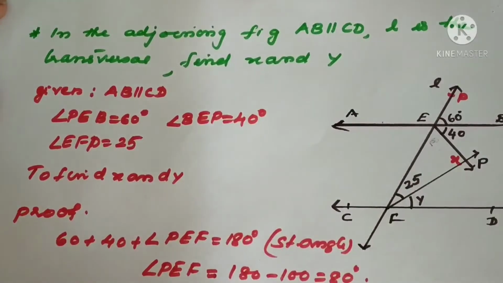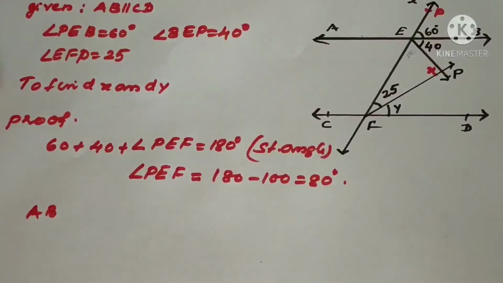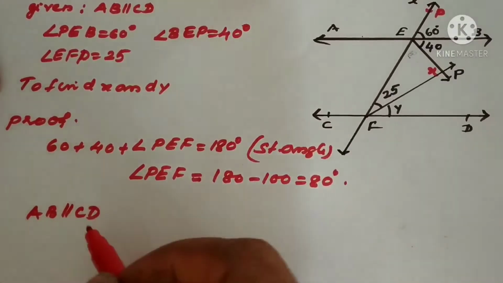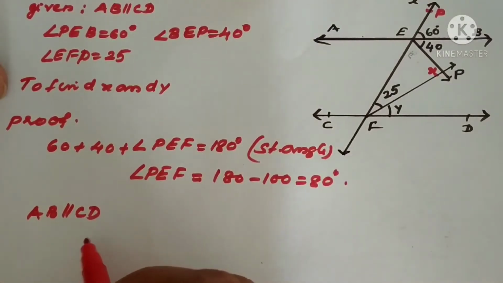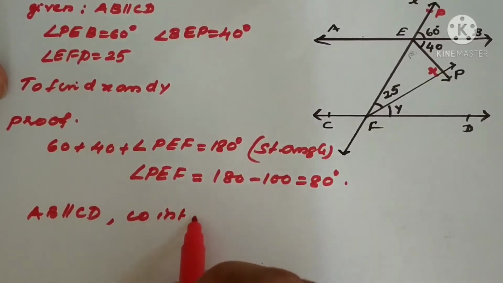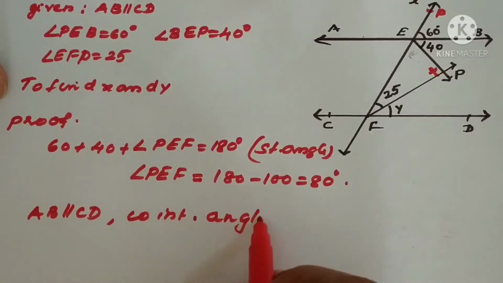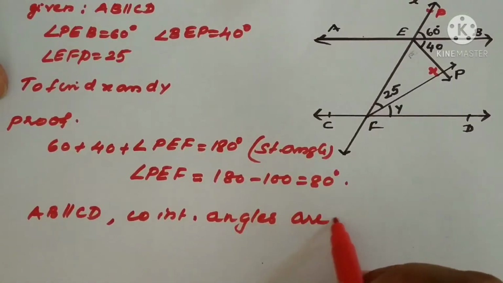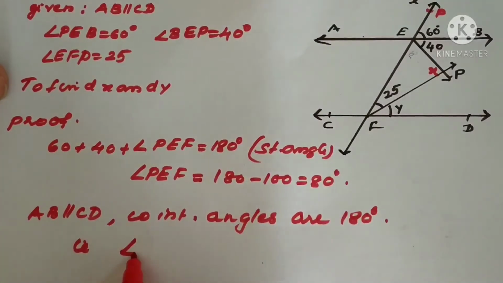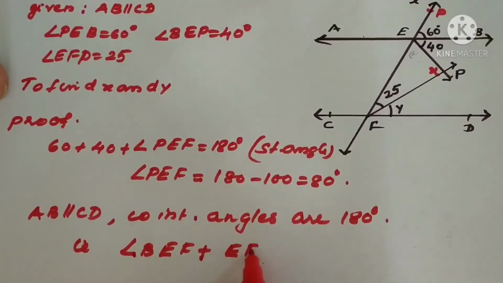Now AB is parallel to CD. Co-interior angles are supplementary. That is, angle BEF plus angle EFD equals 180 degrees.